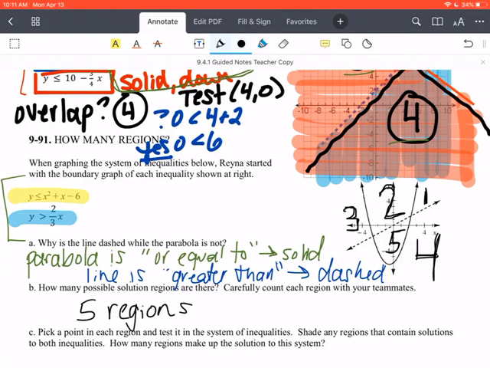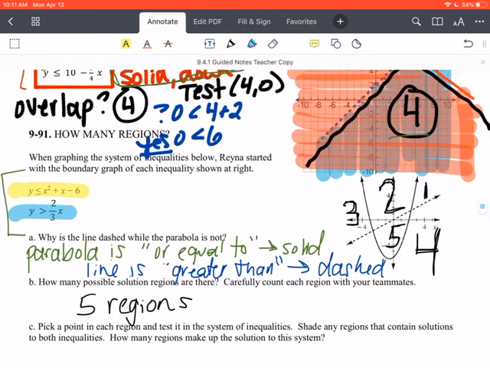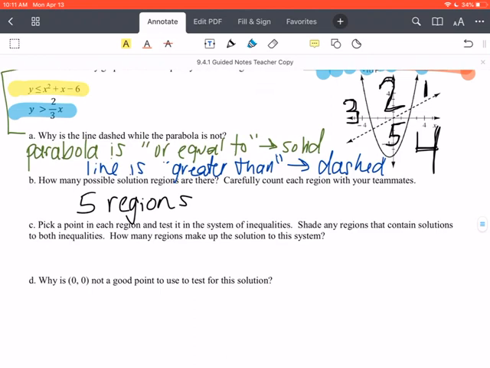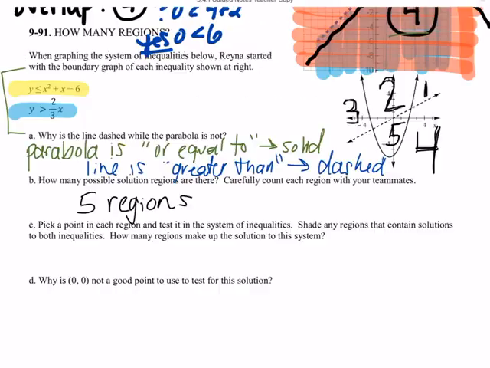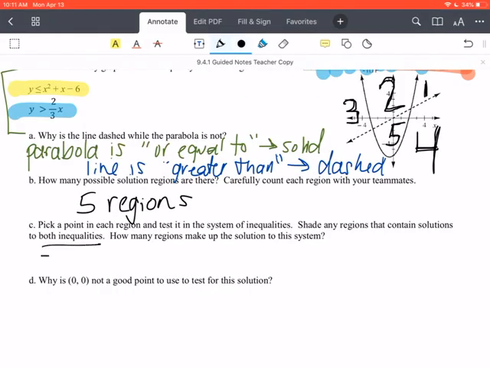Okay, so what we want to do is, normally in class, we would pick a point in each region and then see which region is going to satisfy both inequalities. Okay, but that would require 5 different test points.